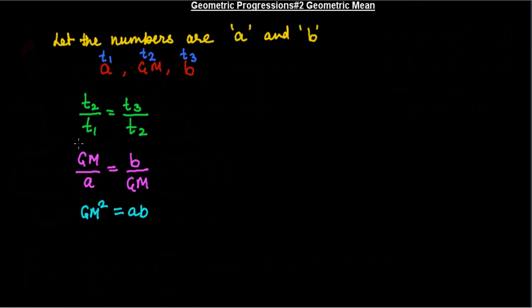By taking the square root of both the sides, we will get GM is equal to square root of AB. So in this way, we could easily find out the geometric mean between two numbers through this formula. Now we see one small example.